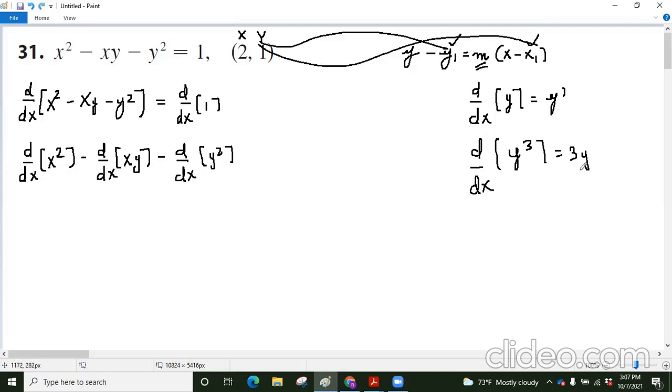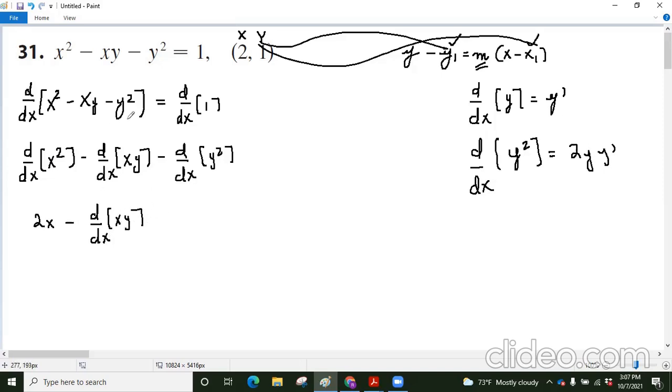And so in this case, we have y squared, and that's just 2y, y prime. That's the idea. Now, we know we can do the derivative of this, right? That's just 2x. And the problem is the derivative of this and the derivative of this. But this isn't such a problem as much as this guy here, because if we do this, we'll take the derivative of xy, right?